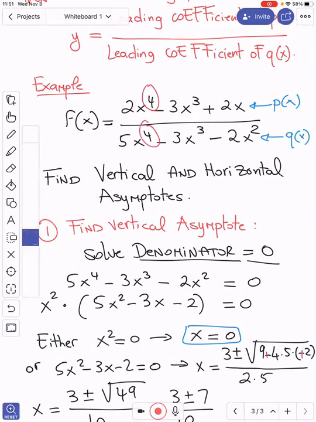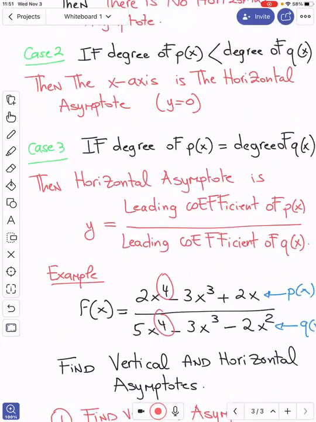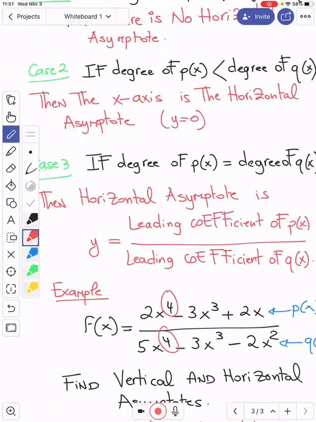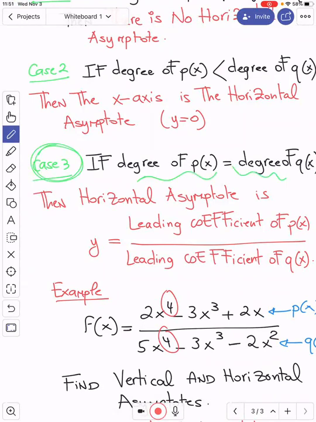So they have the same degree. In this case, when you have the same degree, this is case number 3. When the degree of P is equal to the degree of Q, then the horizontal asymptote is the leading coefficient of P over the leading coefficient of Q. So that will be 2, the leading coefficient of P, over 5, the leading coefficient of Q. So that will be 2 over 5.